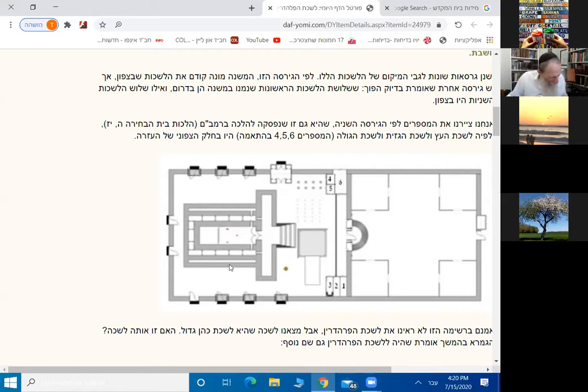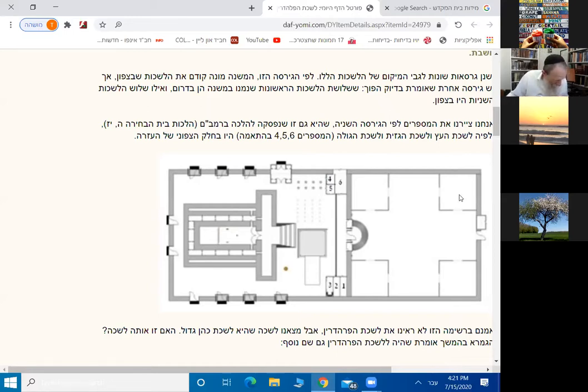And around the Heichal there are also divisions, far from it, like this. That is something like the curtains that were around the whole tabernacle in the desert.